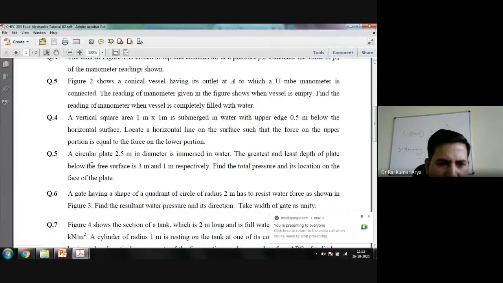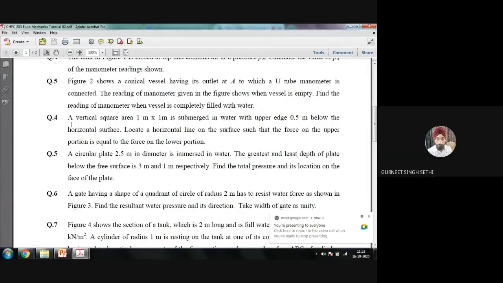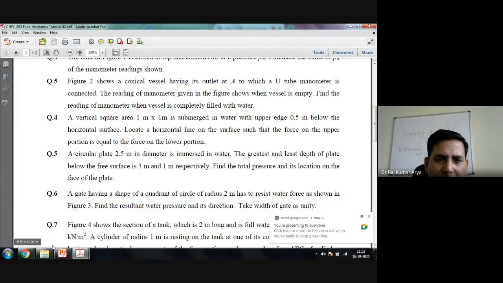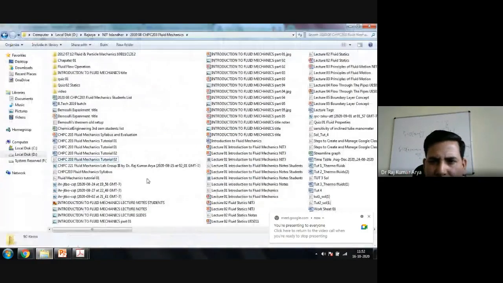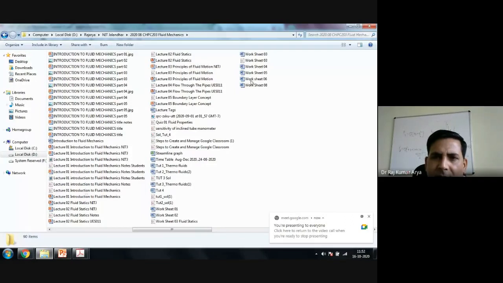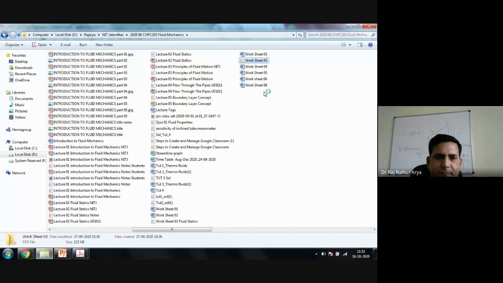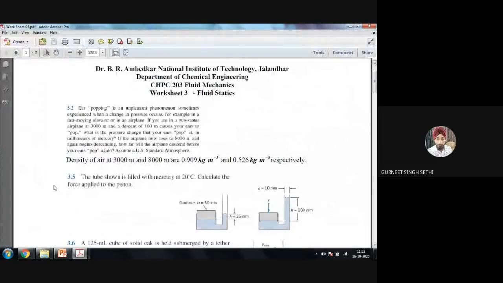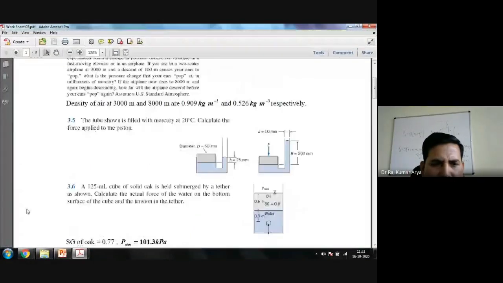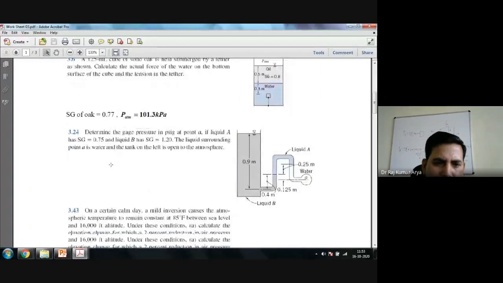That one from worksheet 3. Okay, let me see where that is. 3.43. 43 तो कोई okay हो सकता है. This is there.